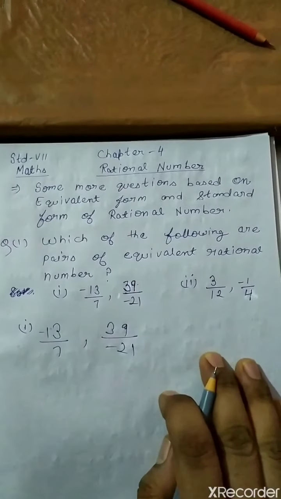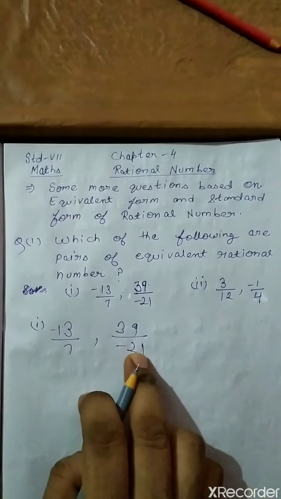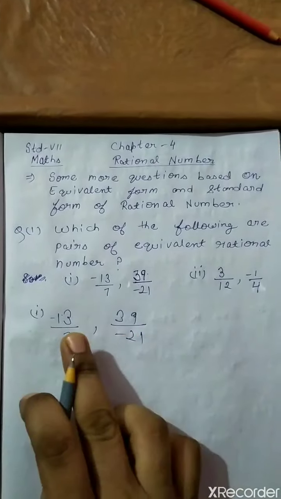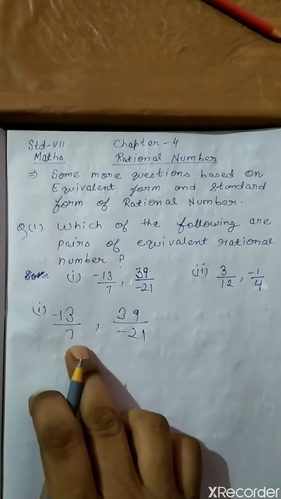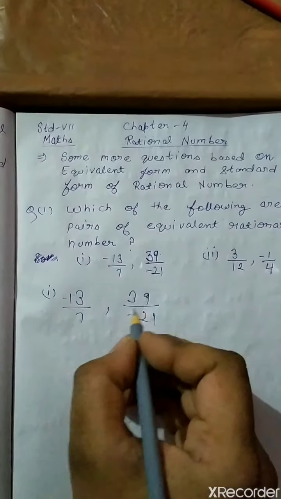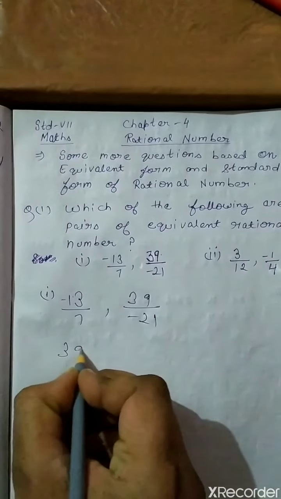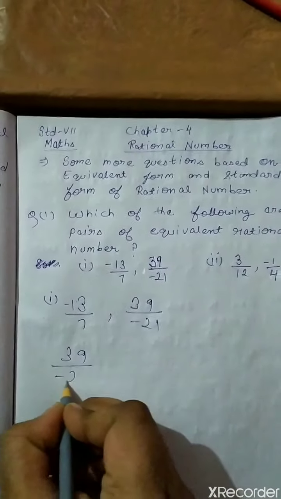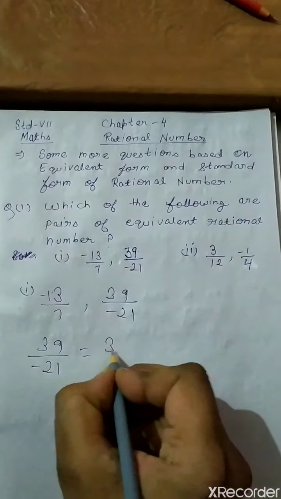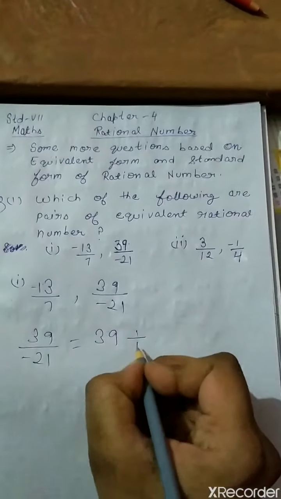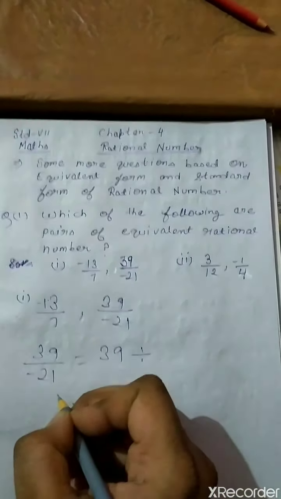One of the methods is to convert both numbers into simplest form. As you can see, the first number, minus 13 by 7, is already in simplest form. So first convert 39 by minus 21. You can divide with the HCF. What is the HCF of 39 and 21?